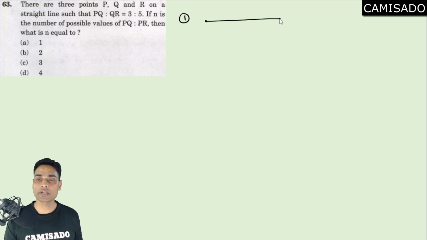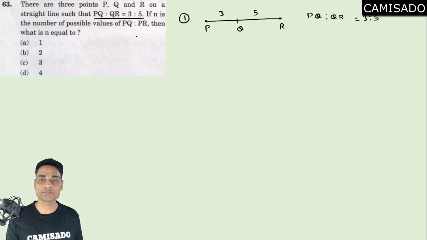According to the ratio, if Q is here and R is here, PQ is to QR is 3 is to 5. It is given in the question itself. Okay, fine.